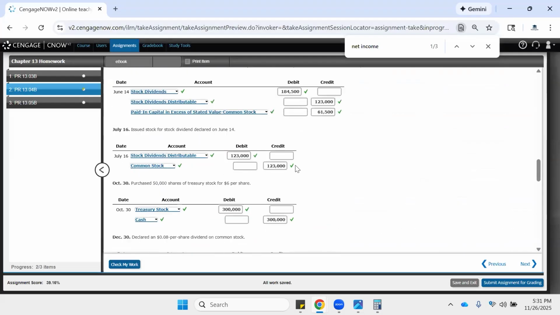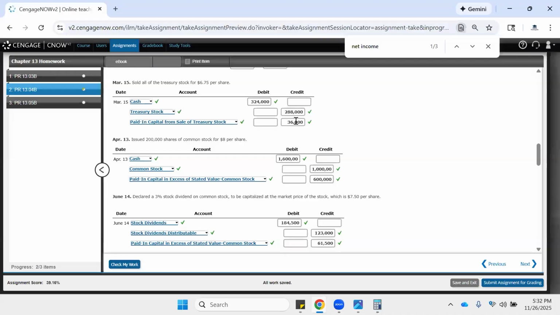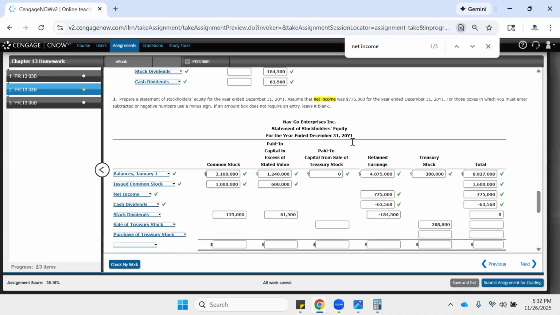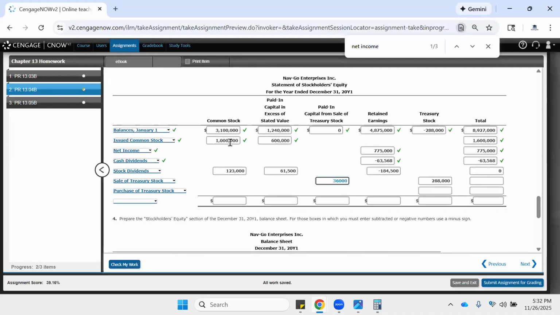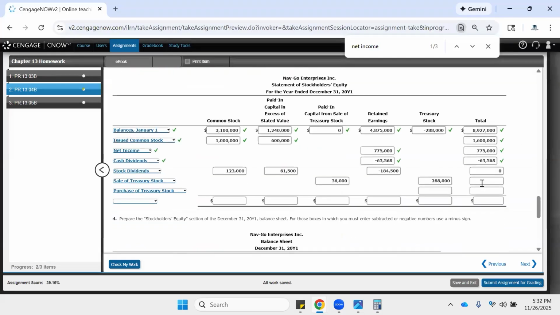And then that adds to stockholders' equity, so we have it as a positive number, and paid in capital. And then the amount it was sold for is adding the two together, 324,000 net impact to equity.